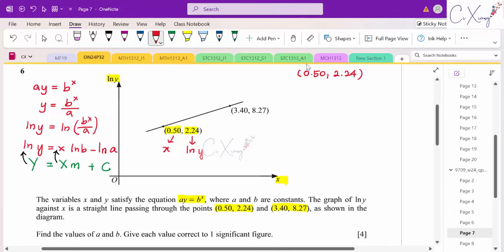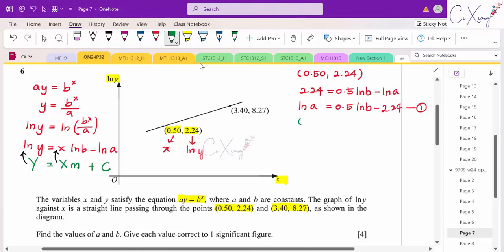So substitute into the equation: 2.24 equals 0.5 ln b minus ln a. Okay, so I get ln a equals 0.5 ln b minus 2.24.